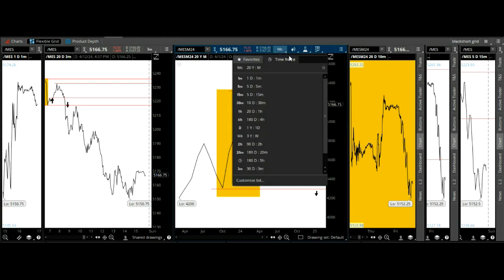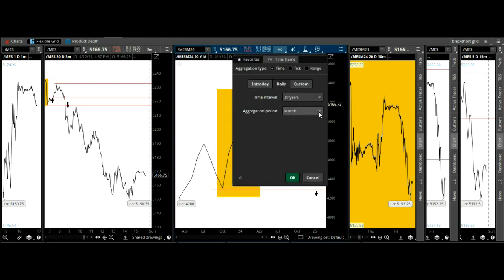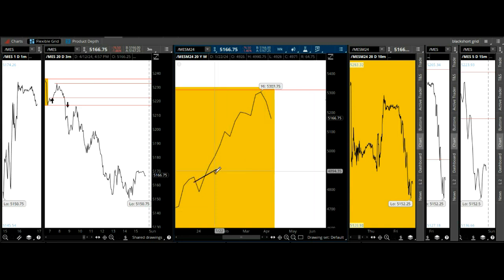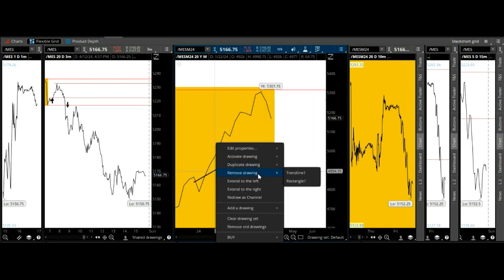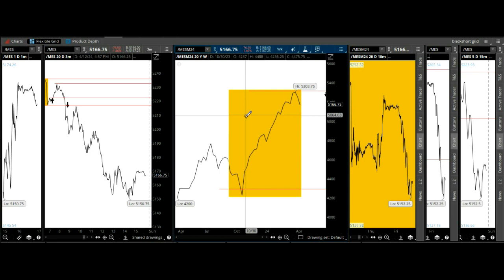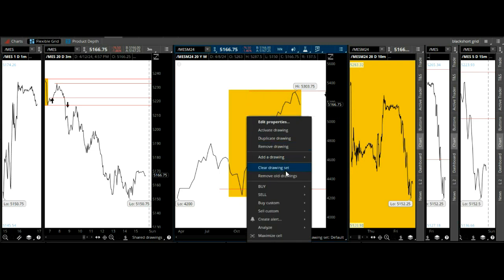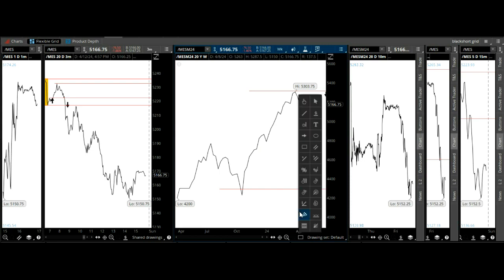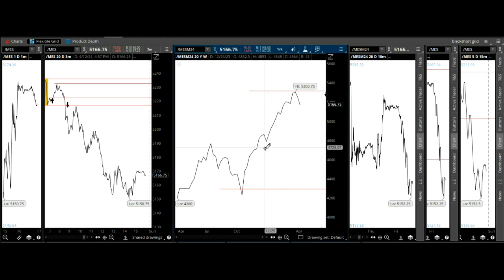And then if we go to the weekly, right here, we have your nested growth fractal right here. Right there.